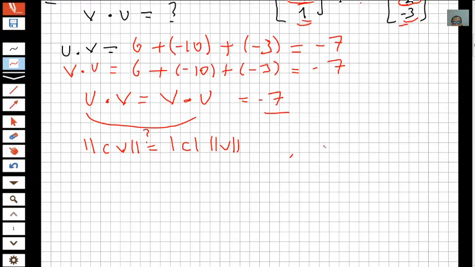Okay, let's prove this equality in R cube. Namely, we have three components: v equals v1, v2, v3 in R cube.